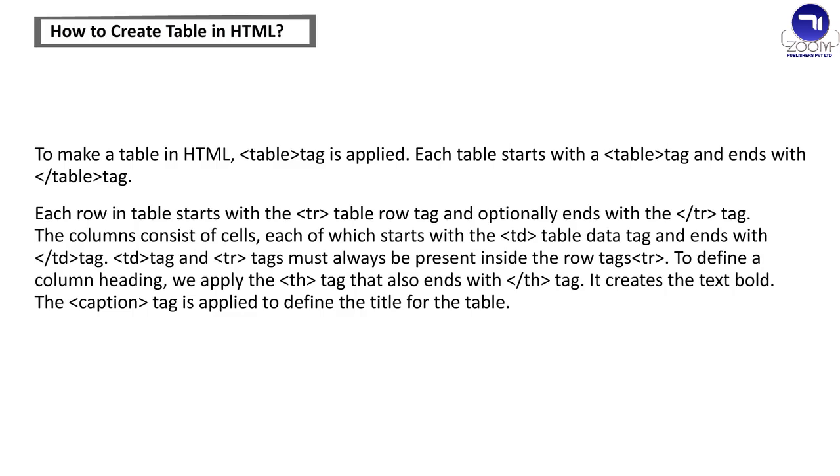To define a column heading, we apply the <th> tag, which also ends with the </th> tag. It makes the text bold. The <caption> tag is applied to define the title for the table. Let us create a table in HTML applying these tags.